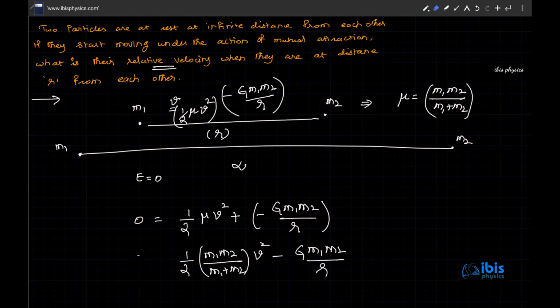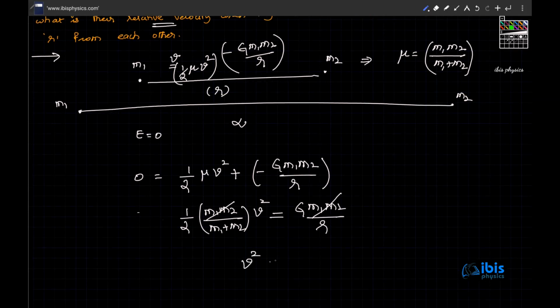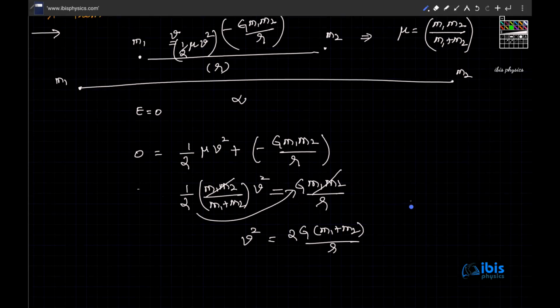So m1 m2 will be cancelled. So v square equal to G into m1 plus m2 by r, and this 2 multiplies there, so it is 2. Then their relative velocity of approach is root of 2G into m1 plus m2 by r.